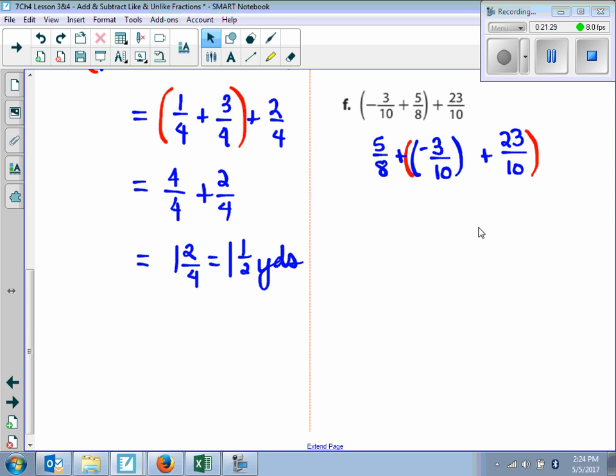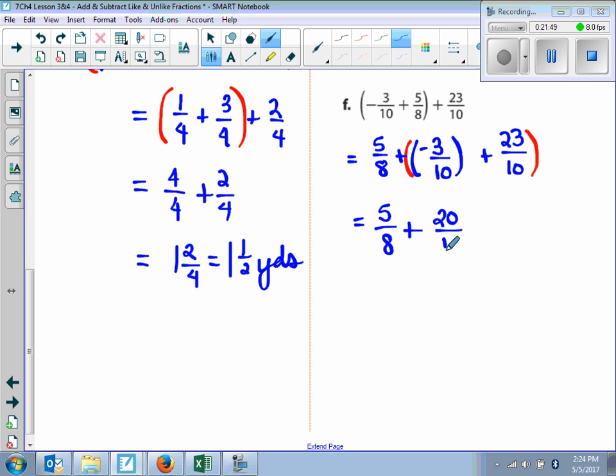So now, when I simplify, I'm going to end up with 5 eighths plus, and here, negative 3 plus positive 23 gives me 20 tenths.